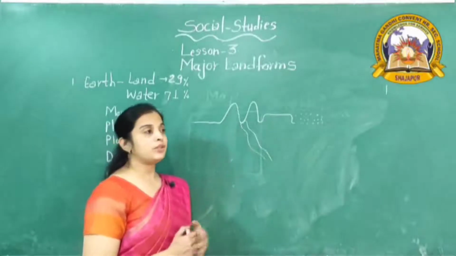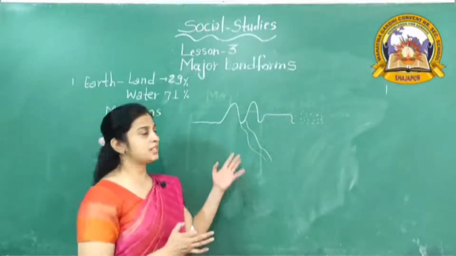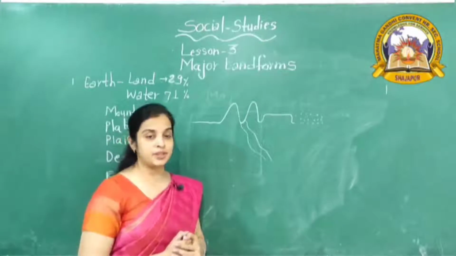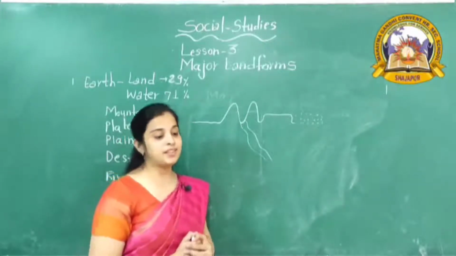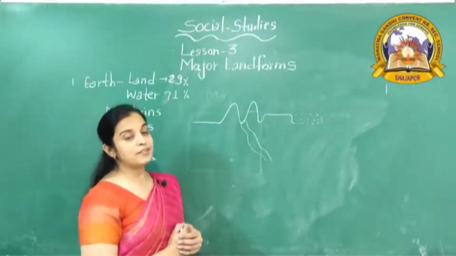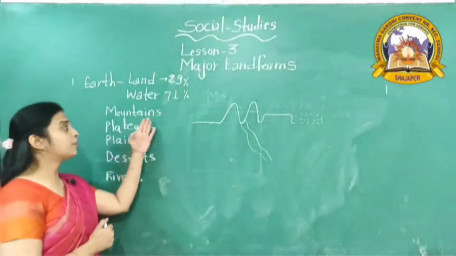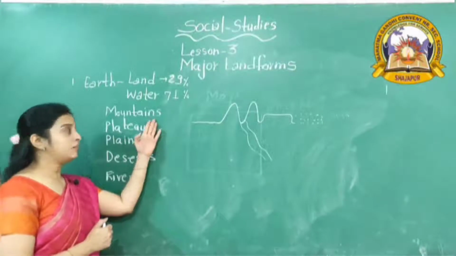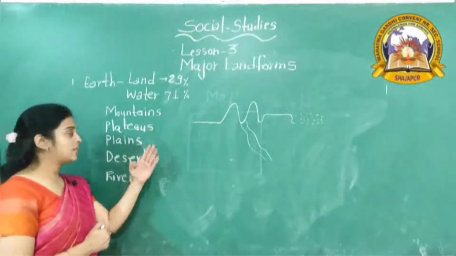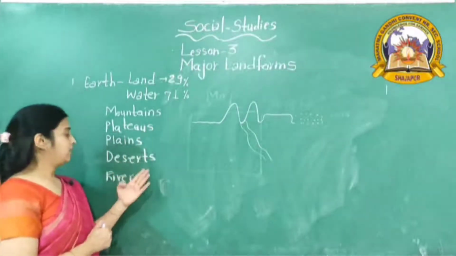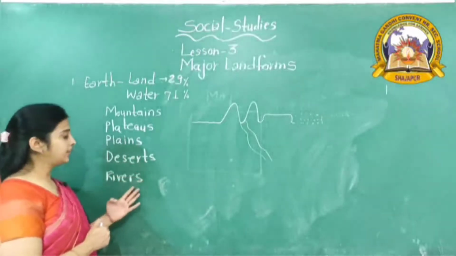Okay, so different physical features are found on our earth, and in this chapter we will learn about the landforms of earth. The landforms of earth include mountains, plateaus, plains, deserts and rivers.